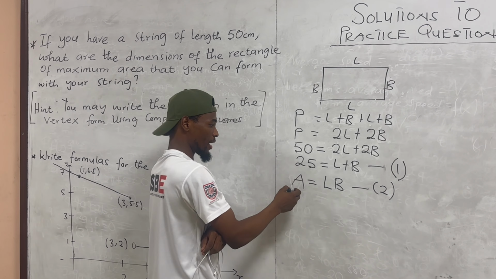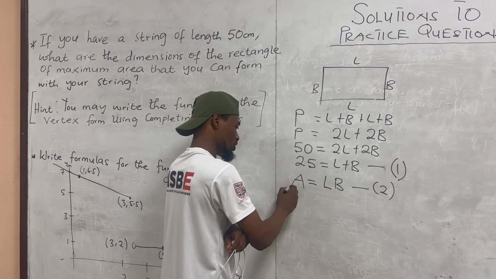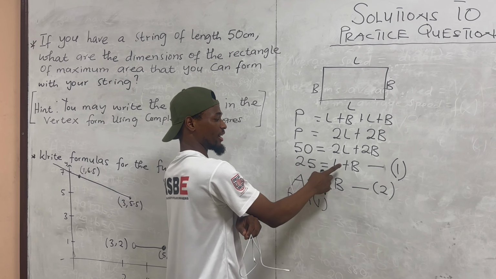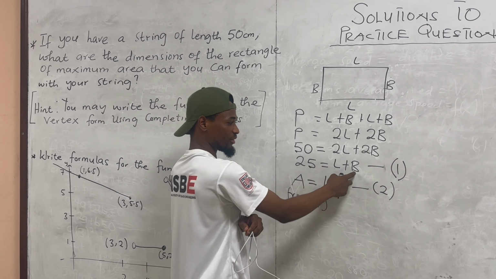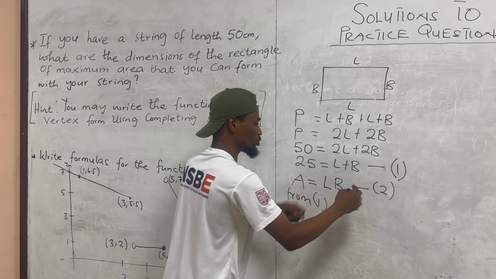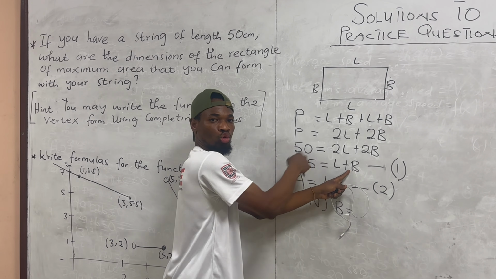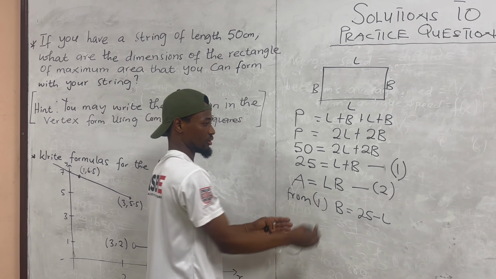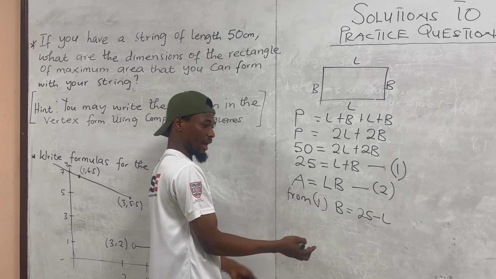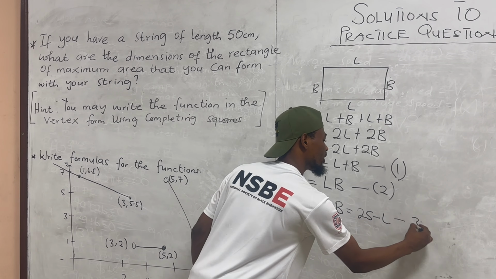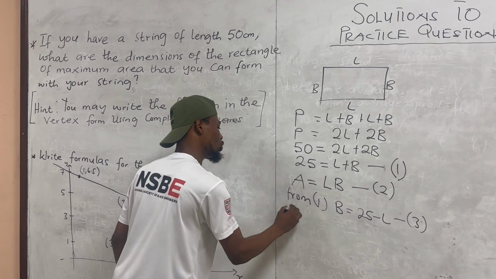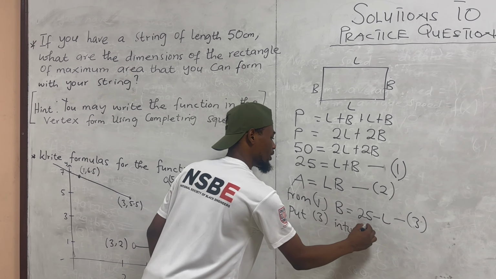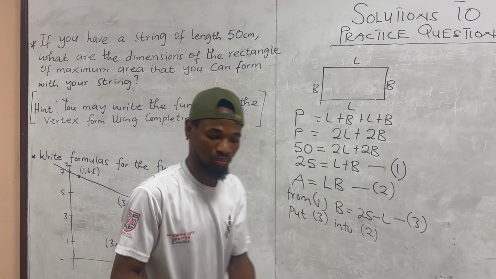Now from equation 1, I can either make L the subject or B the subject. If I make B the subject, I'll get B is equal to 25 minus L. This will become equation 3. So you put equation 3 into equation 2.